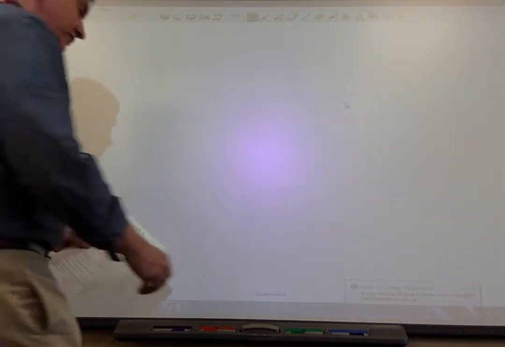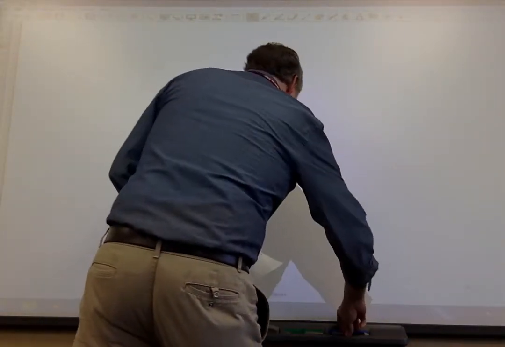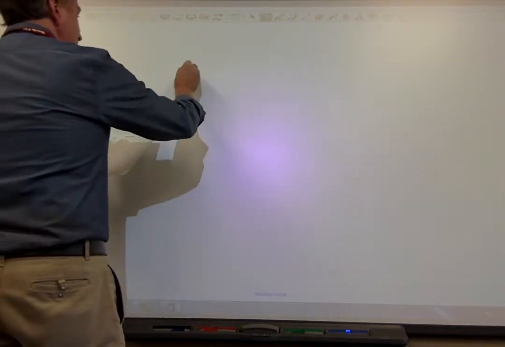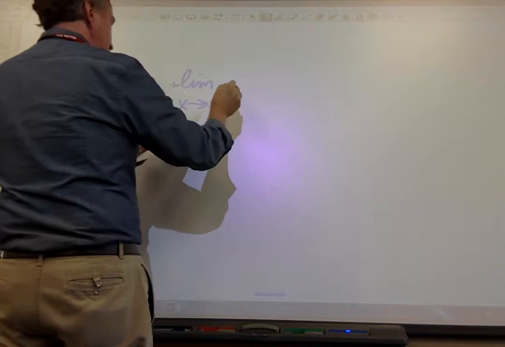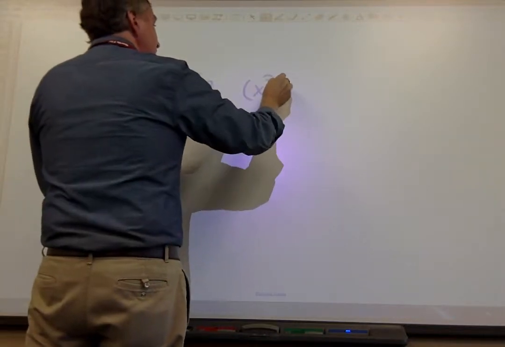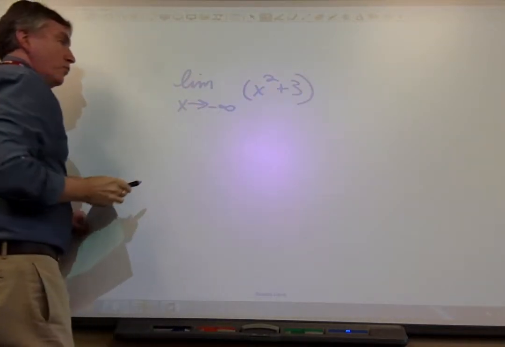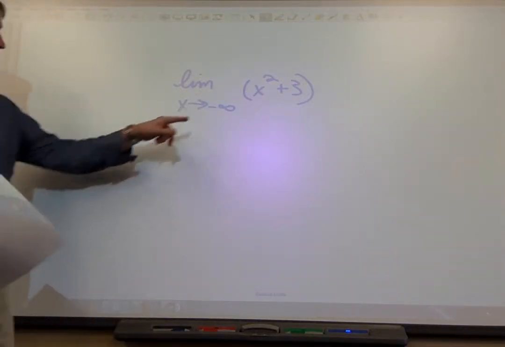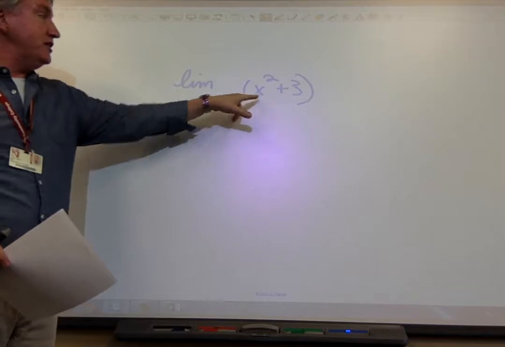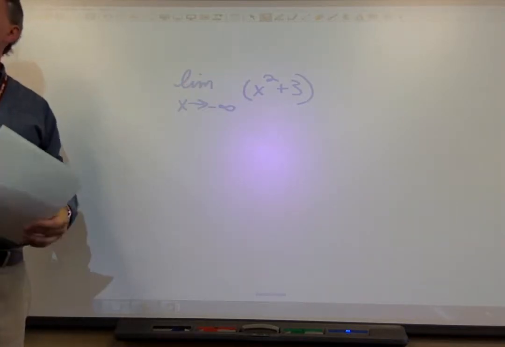3c was probably the trickiest one. Just think about it. 3c was something like the limit as x approaches negative infinity of x squared plus 3. Well, there's no fraction there, right? So if x goes to negative infinity and you square negative infinity, where's that going?